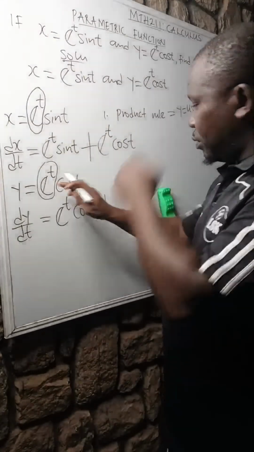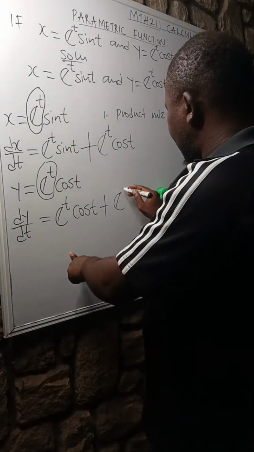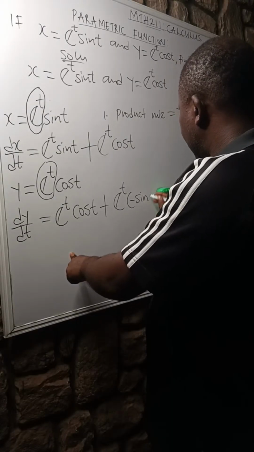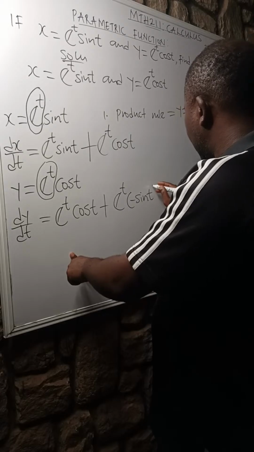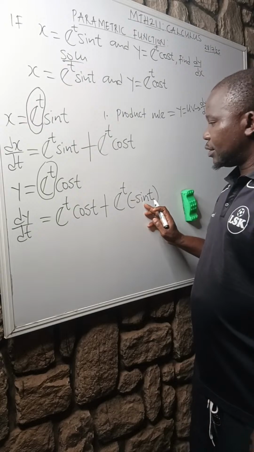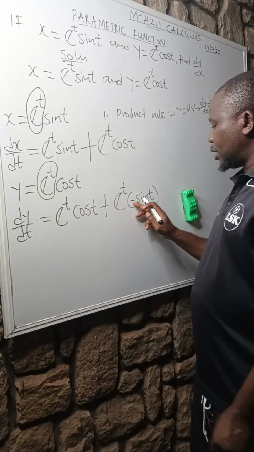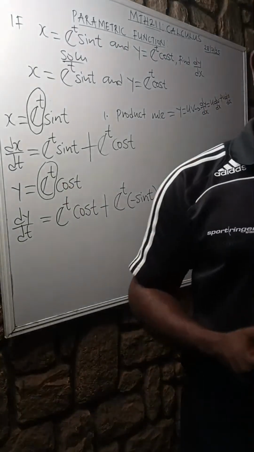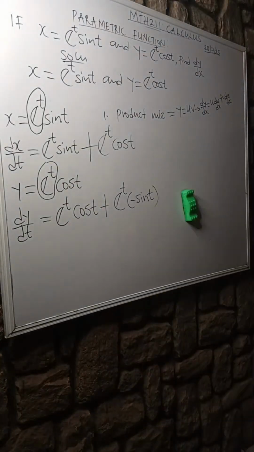So we multiply this: exponential t, open bracket, minus sine t. Because if you differentiate cos t, you are supposed to have minus sine t. Then multiply the constant back. Are you following? Do you understand?